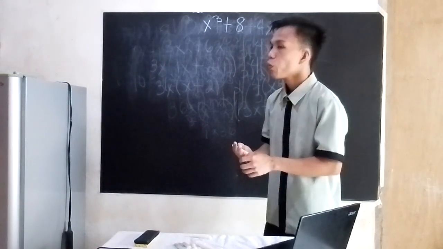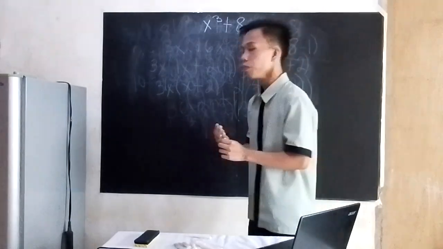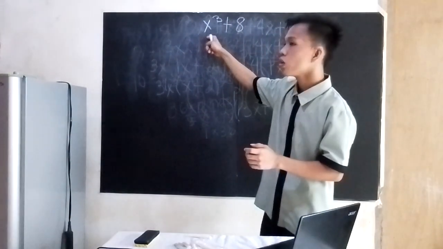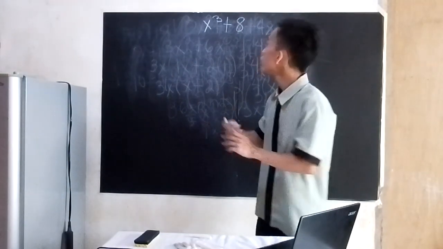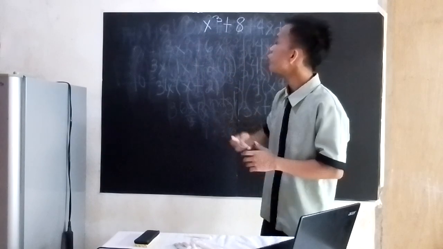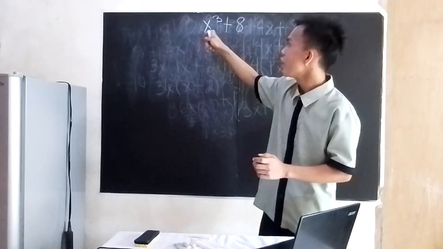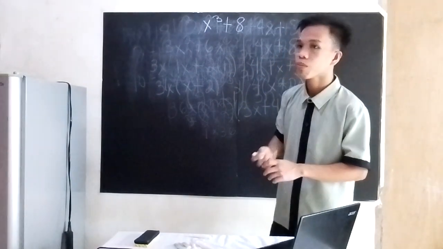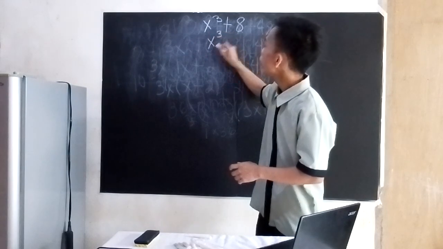So when we get the cube of these two, they are perfect cubes, okay? So the first step that we are going to do is find the cube root of each term. So what is the cube root of x cubed?